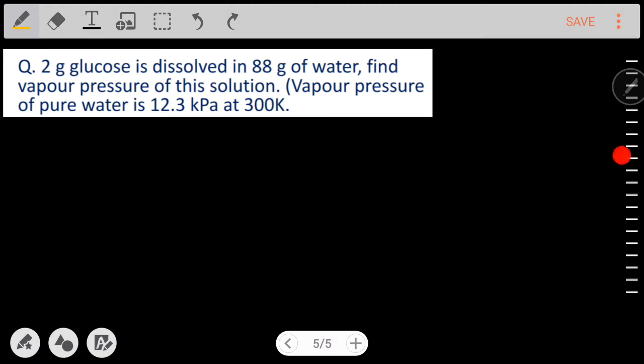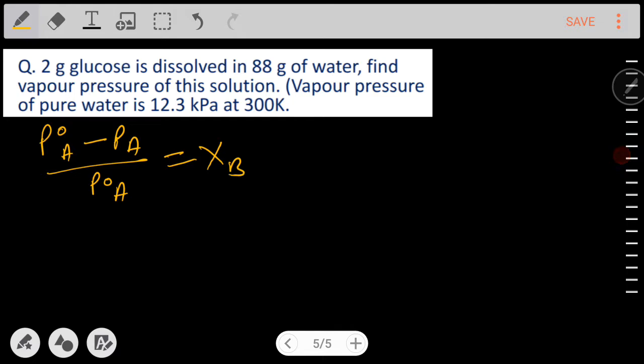This is provided. So I will take the equation P naught A minus PA upon P naught A equals XB to solve this numerical. Now what is XB? XB is the ratio of number of moles of solute upon total number of moles present in the solution. Here masses are given, so convert each mole into mass.